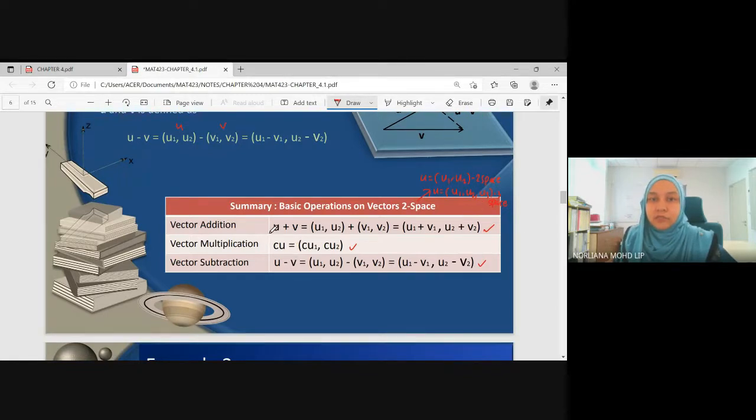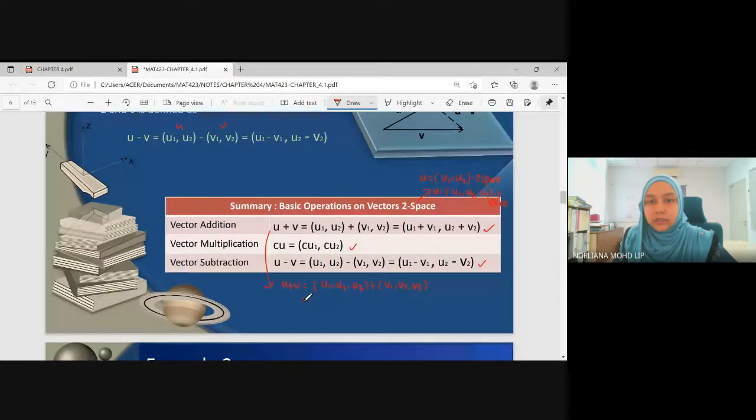For example, in 3-space for vector addition, we have u plus v is equal to, we use these three components, u1, u2, u3, plus v1, v2, v3.